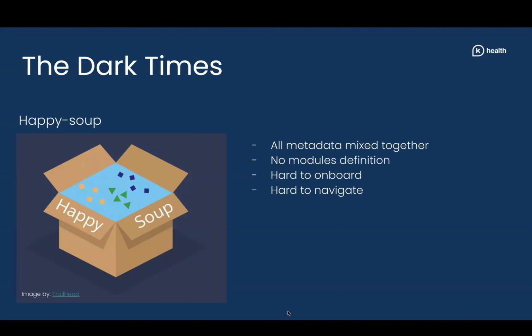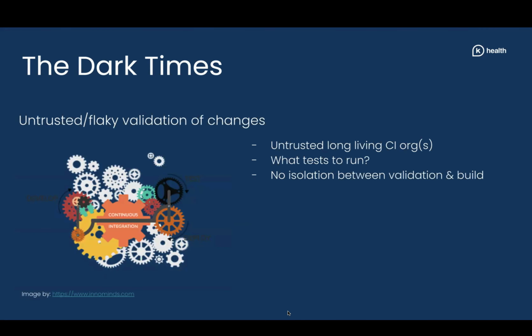If you need great maintenance, you have to be able to onboard people quickly. You also need to provide an ability for engineers from other teams, not only Salesforce teams, to at least understand what you have there, maybe some status or something like that. It should be easy to navigate through the project and really see what's there. So we had happy soup and we had to deal with it.